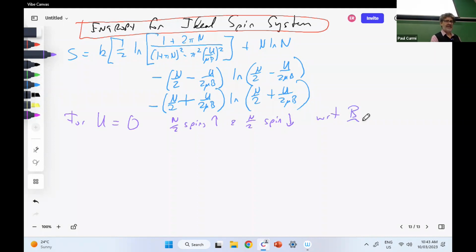And what I get is that S for u equals 0 is equal to k ln, the first term just reduces to 1 plus 2 pi n over 1 plus pi n squared.